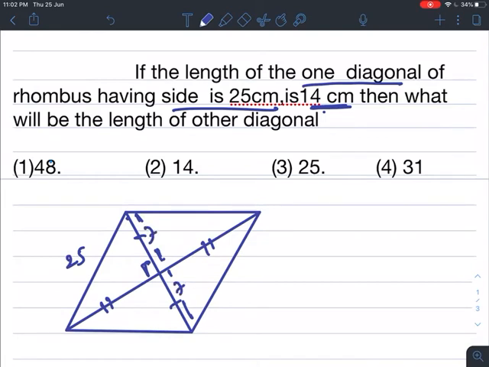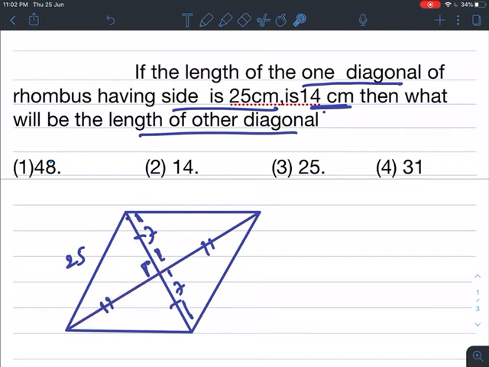Now we are asked to find the length of the other diagonal. The length of this diagonal is 14, half part will be 7, and one side is 25, so we can find the length of the other diagonal. Here, by using Pythagoras theorem, since it is a right angle triangle, we can find the length of one side.